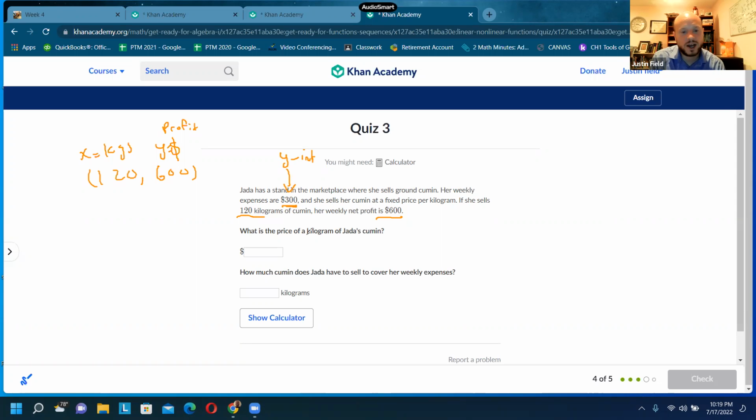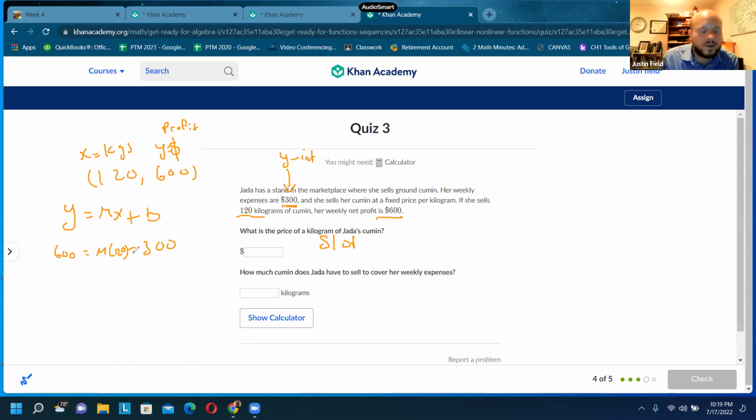So what is the price of a kilogram? We don't know, but we can figure it out. We know y equals mx plus b, and we don't know the slope, which is what they're asking for, the price. But we know the weekly expenses, and we also know a point.